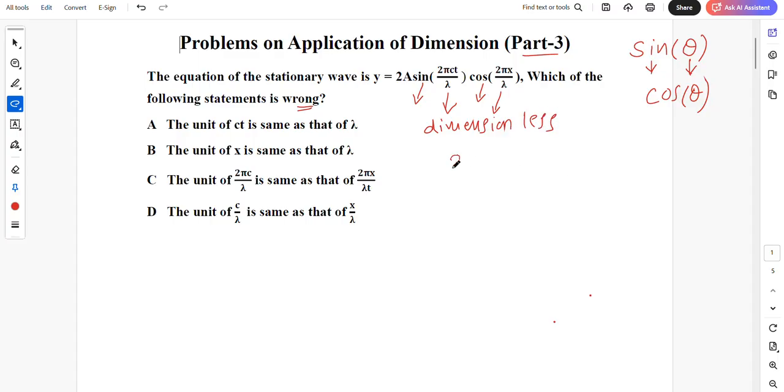Means to say 2 pi ct by lambda is dimensionless. 2 pi x by lambda is dimensionless.